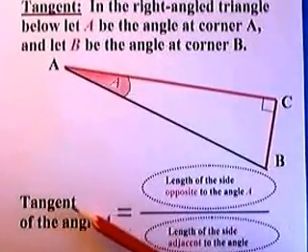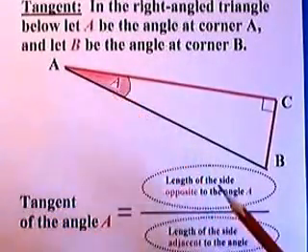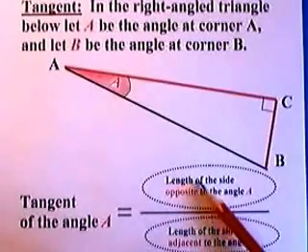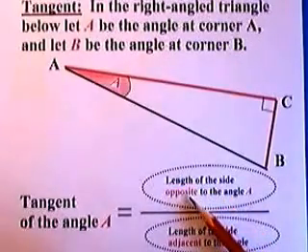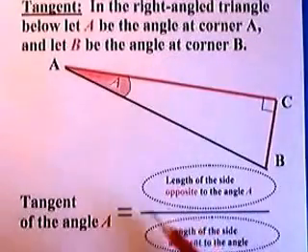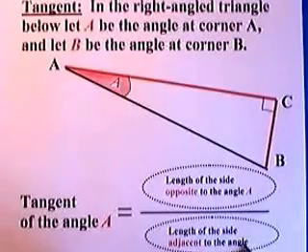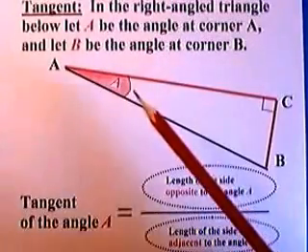We write that the tangent of the angle A is equal to the length of the side opposite to the angle A, all divided by the length of the side adjacent to the angle A. Okay, let's see which sides are which.